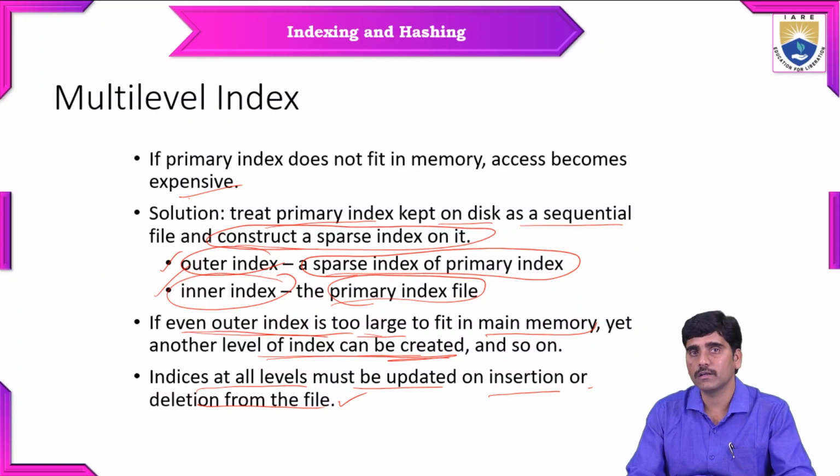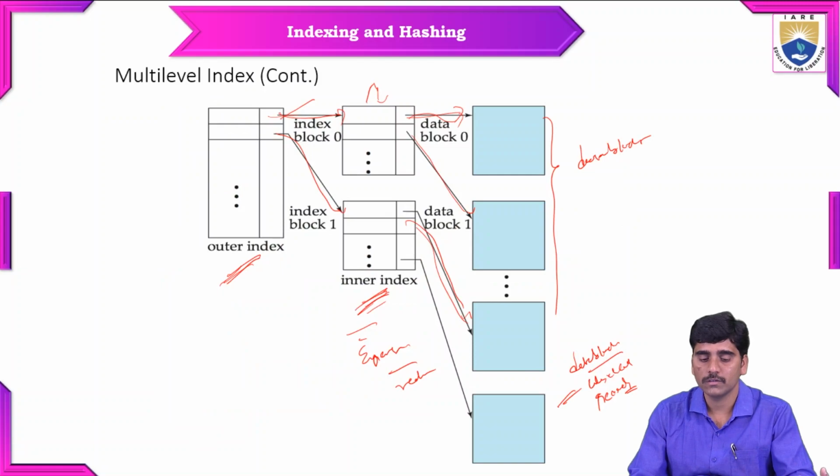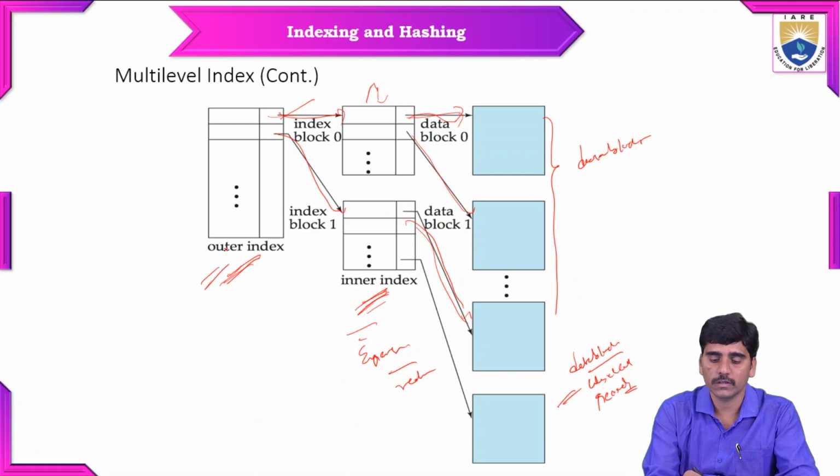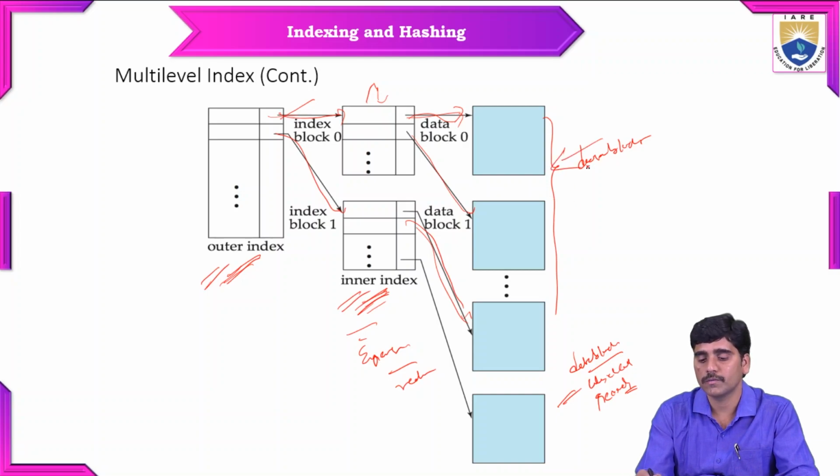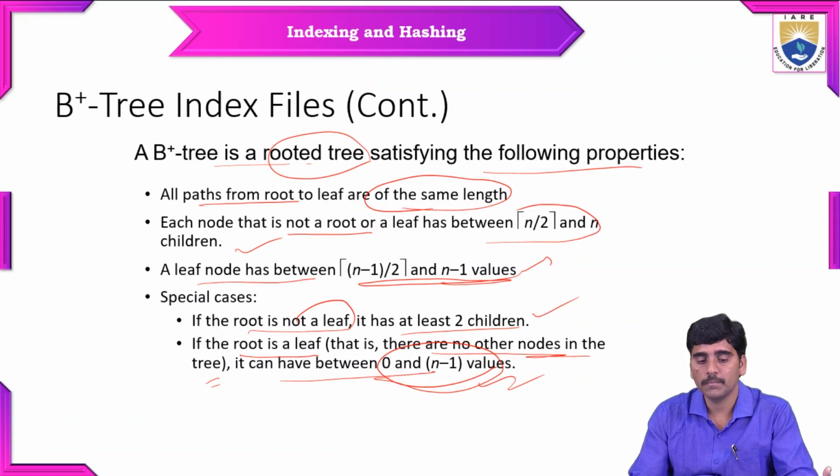At that moment we can go for the multi-level index: creating an outer index and an inner index to find the records in the data blocks. And B plus trees also.